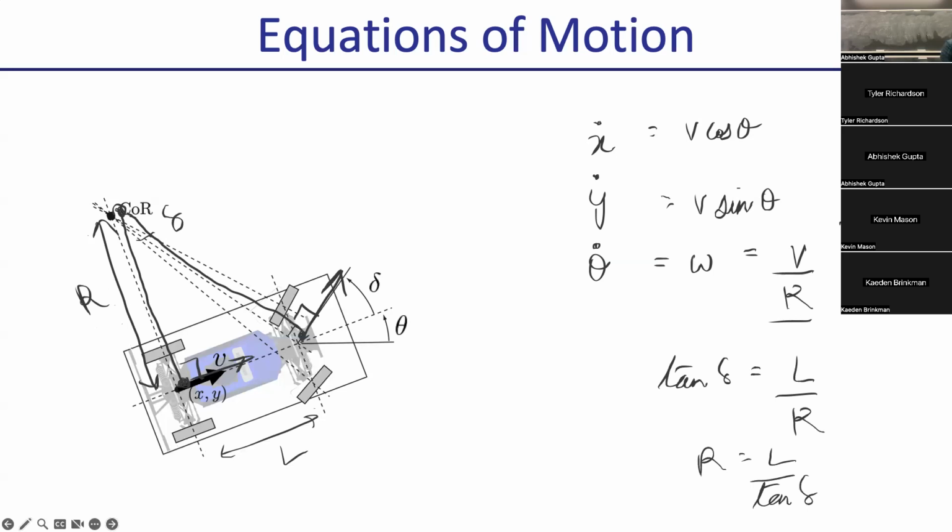So now you know R. And theta dot is equal to omega, which is equal to V over R, so it is V over L times tan delta. These are all known quantities. You know V, you know theta, you know L, you know delta. So you define the physics of your race car in terms of known quantities. You know how X changes, how Y changes, how theta changes.